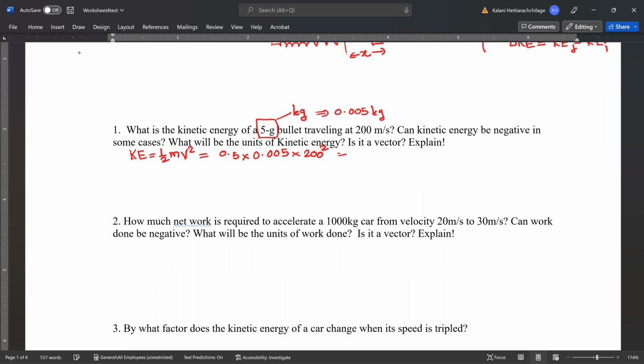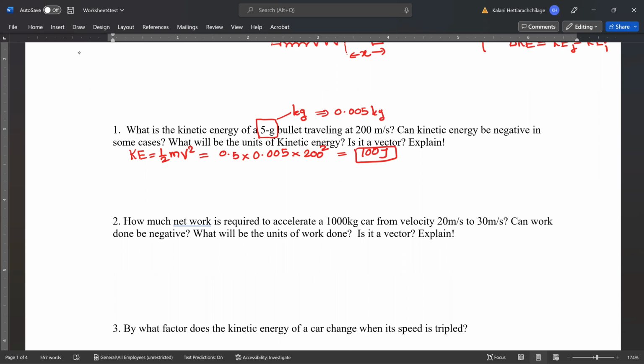So you plug this into the calculator and calculate your answer. I have around 100 joules. So that will be the kinetic energy of the 5-gram bullet that travels with 200 meters per second.